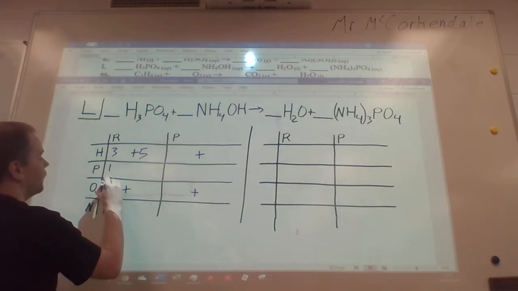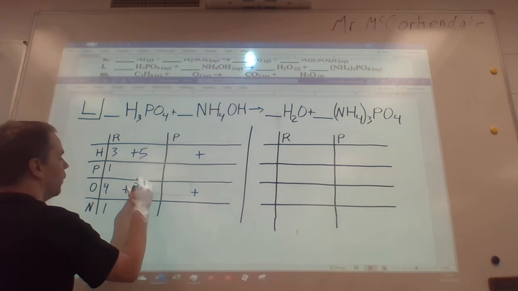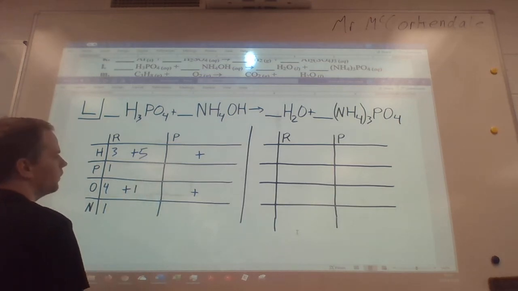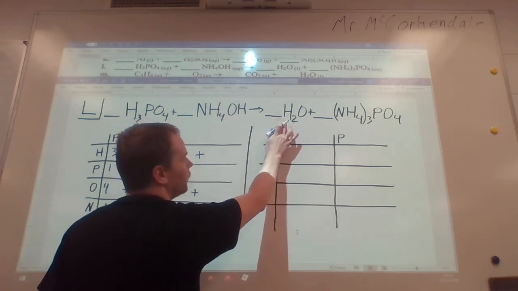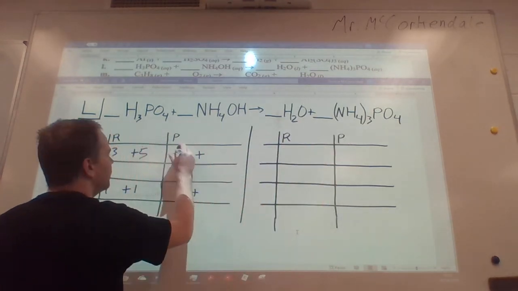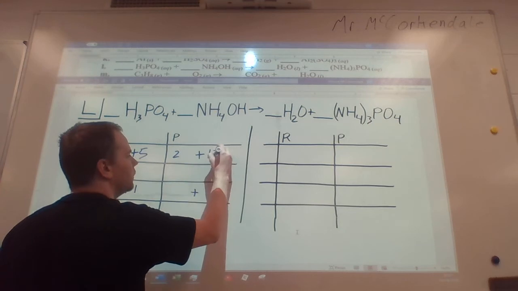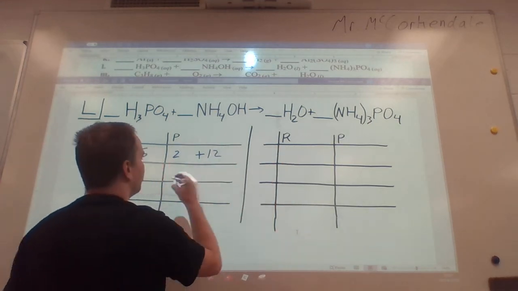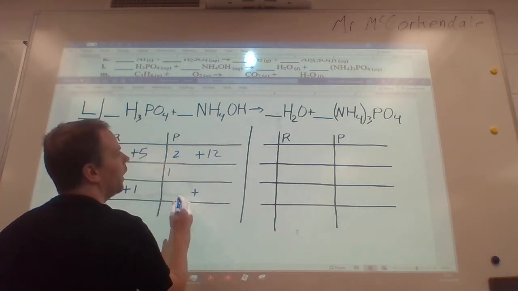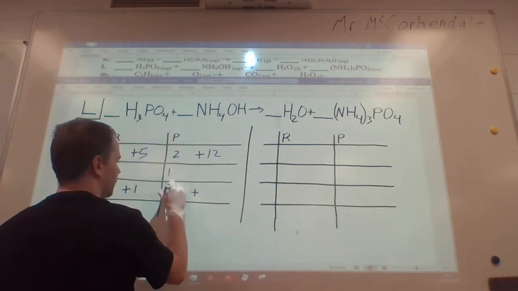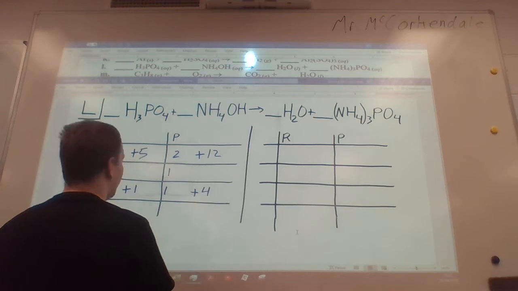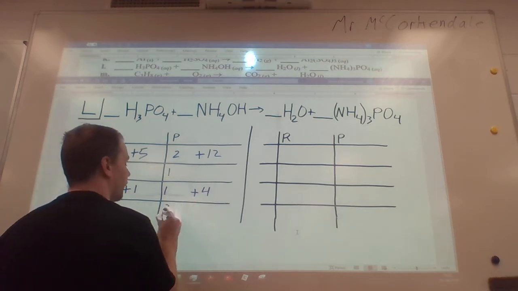And then oxygen is 4 plus 1. Then on the product side, we have for hydrogen 2 plus 12. Phosphorus is going to be 1. Oxygen is 1 plus 4. And nitrogen over here is 3.